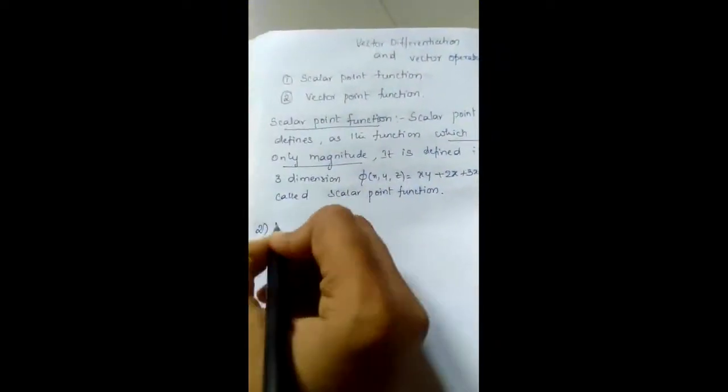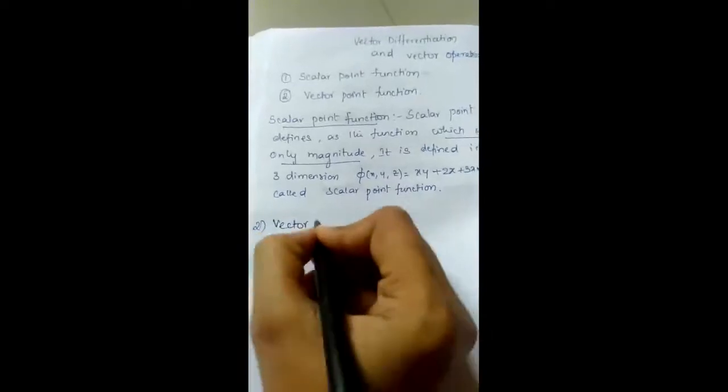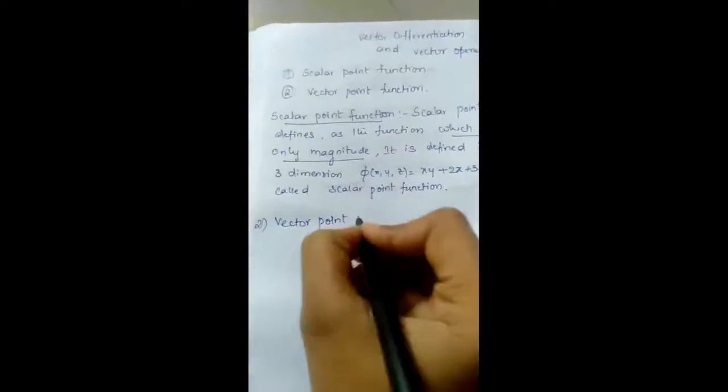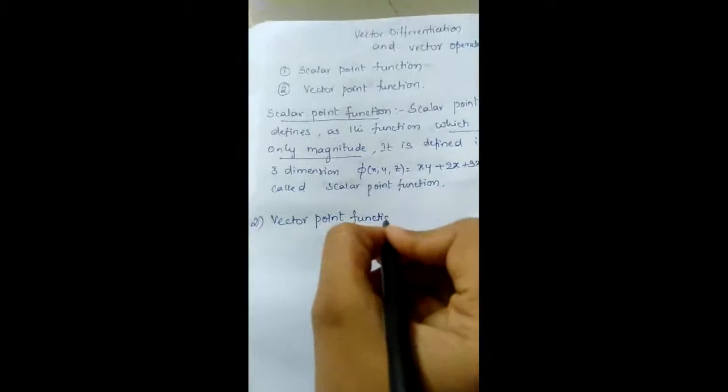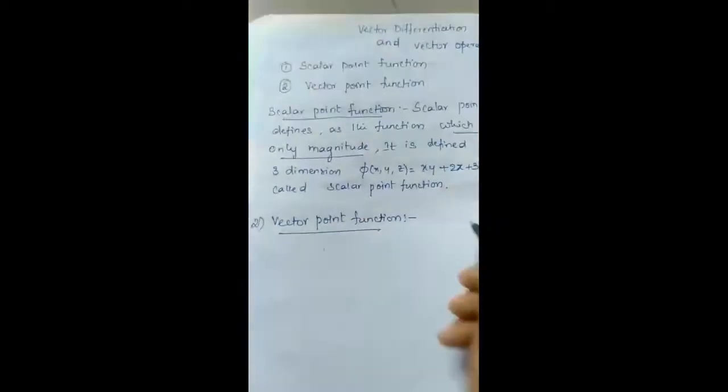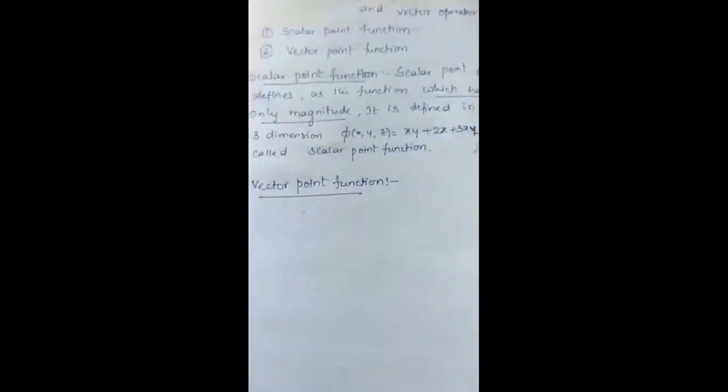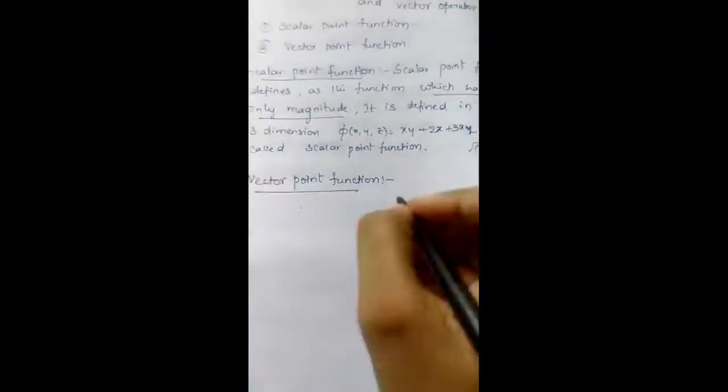The second one is the vector point function. A function which has magnitude as well as direction is known as a vector point function.